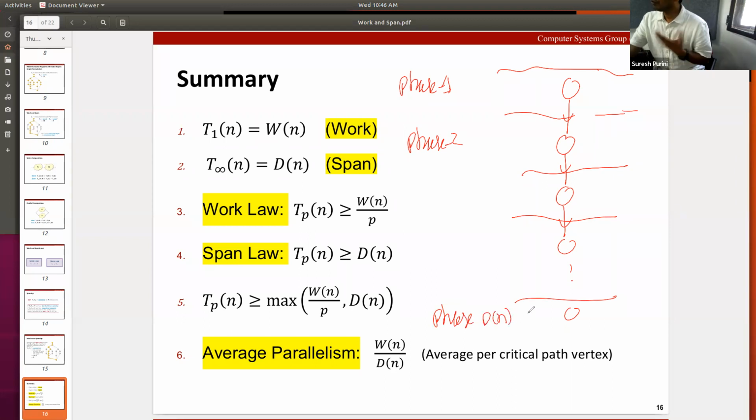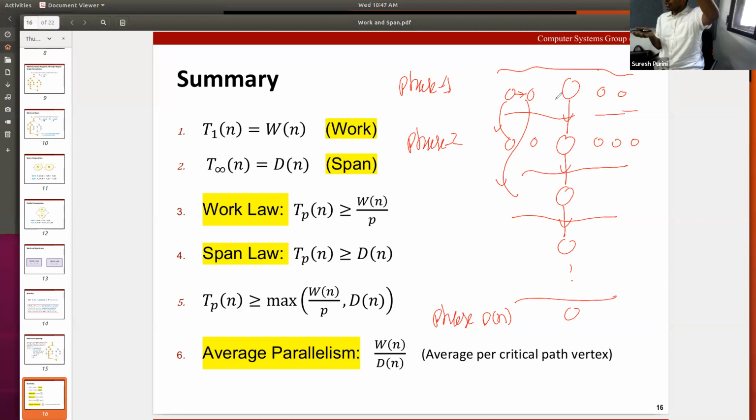A nice theorem for you to prove is that the other nodes in the graph can be placed in these different phases in such a way that there are no intraphase edges. That is, there are no edges from here to here. If there are any edges, they go between different phases.